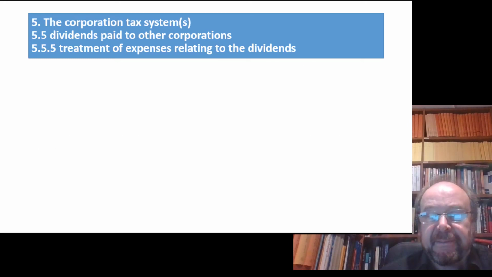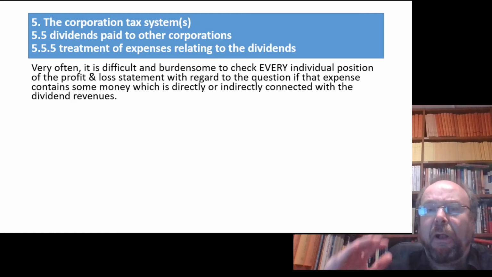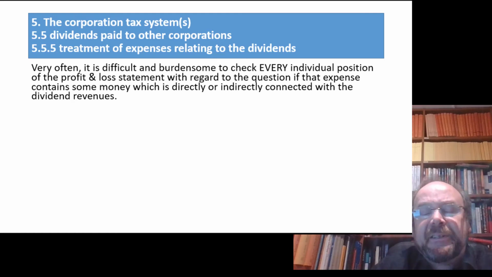Well, but the problem is now, in principle, the tax exemption for the dividend revenue would demand to check all your expense categories if they contain partly or in full also some expenses which relate to dividend income. Did the secretary work some time of their working time on the dividend or on the participation?